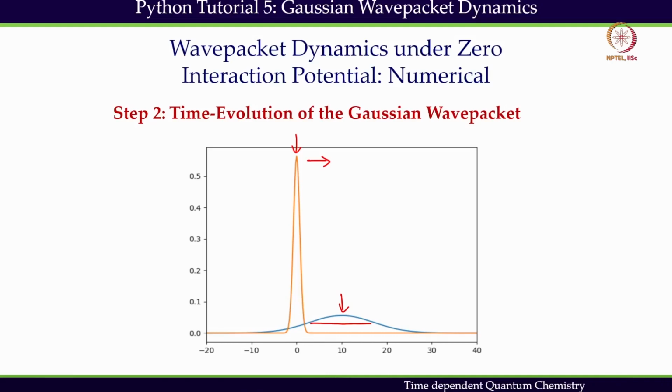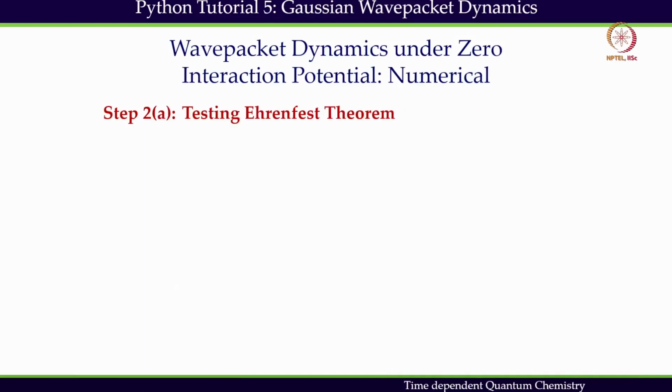Now we want to be a little more quantitative, in the sense that we can test Ehrenfest's theorem. Ehrenfest's theorem suggests that the expectation value will follow the classical trajectory.